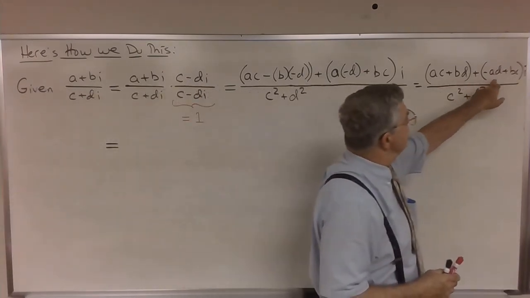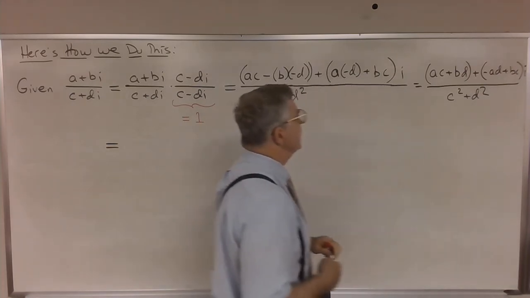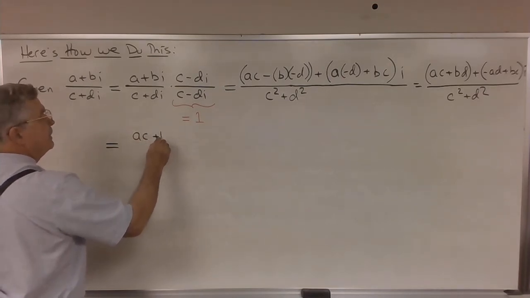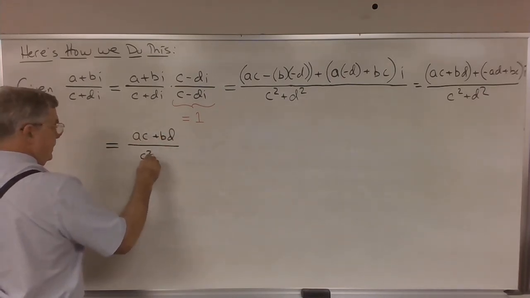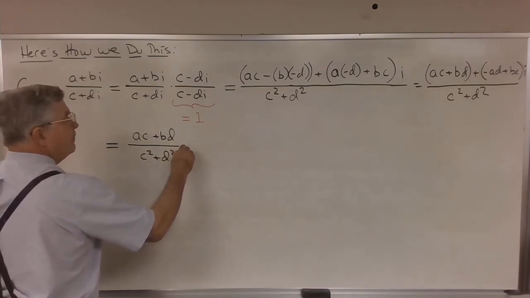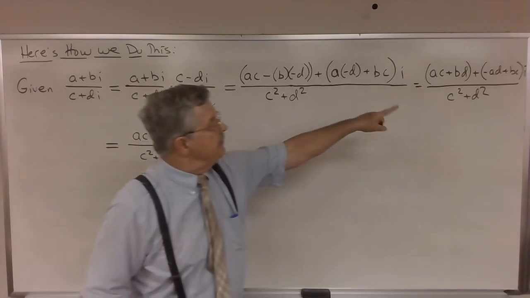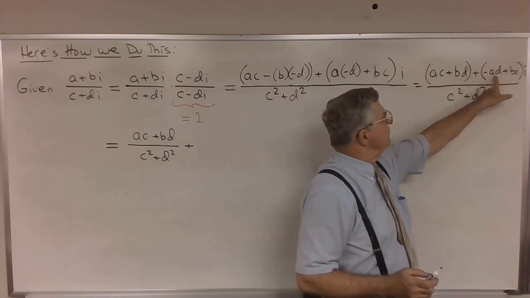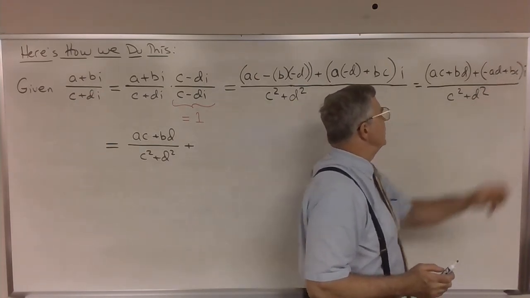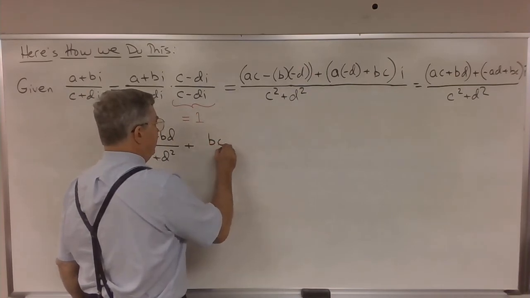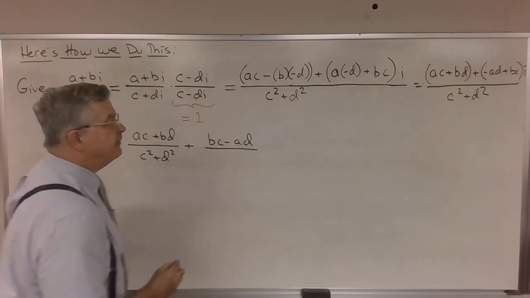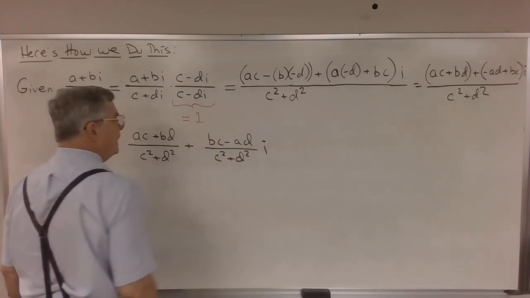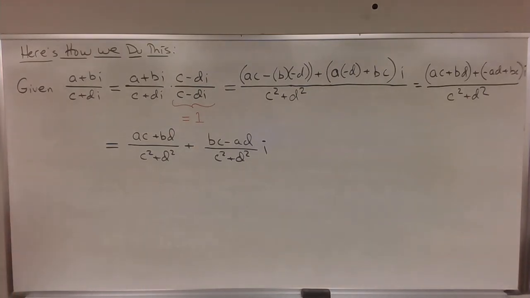I have two terms over a single denominator, so I'm going to write the first term over the denominator, AC plus BD over C squared plus D squared, plus the second term, and I don't like to put a negative term first, so I'll say BC minus AD, over that same denominator, times i. That's the quotient.